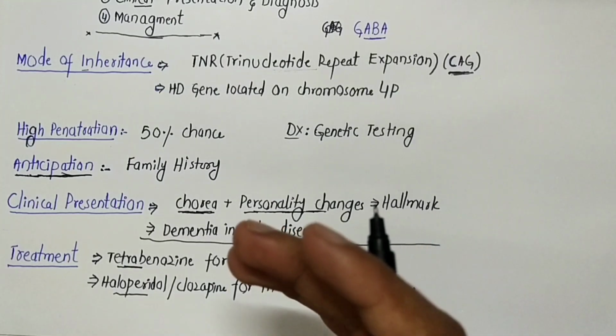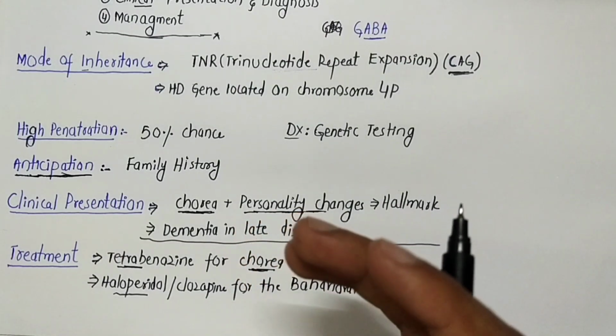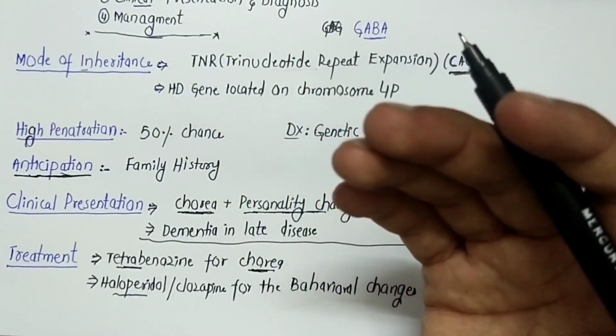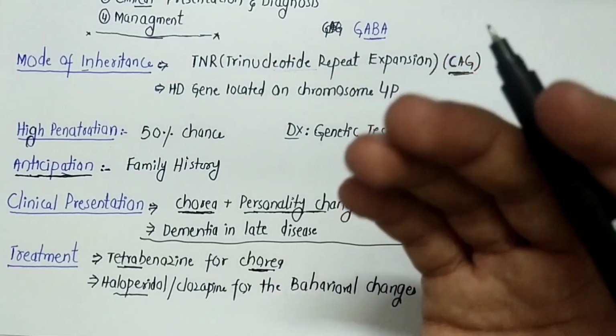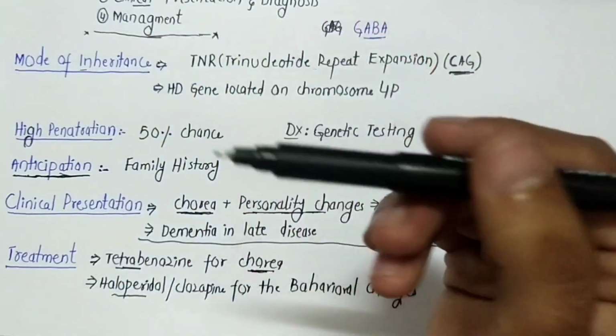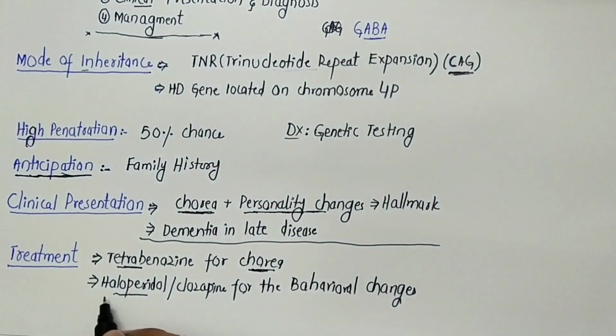So when you deplete the excitatory neurotransmitters in the brain, you decrease the excitatory signals and increase the inhibitory signals, which is the actual problem we face in Huntington disease. And for the behavioral changes, we give haloperidol and clozapine, the antipsychotics, to ameliorate the behavioral symptoms.